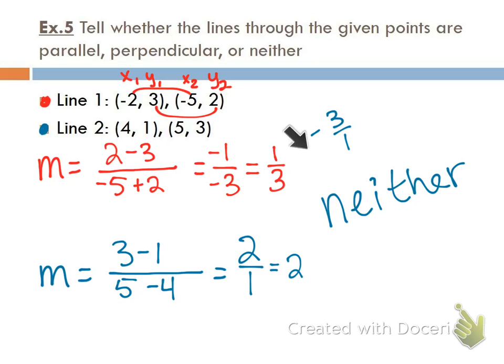So if that had been -3, then those would be perpendicular. Or what's the opposite reciprocal of 2? -1/2, and then those would have been perpendicular. But since neither of those situations occurred and they were not the same exact slope, it's neither. They will intersect each other, but it won't be anything special.